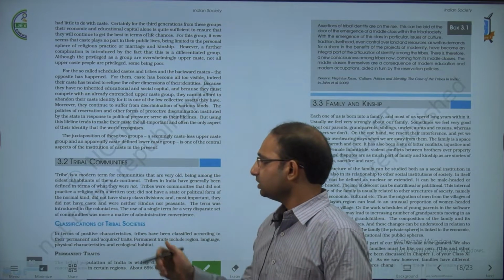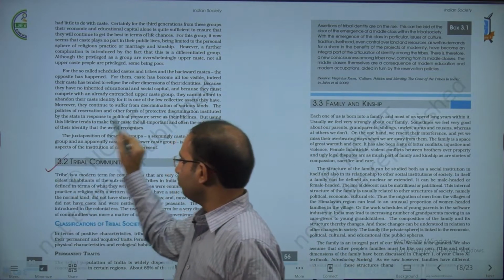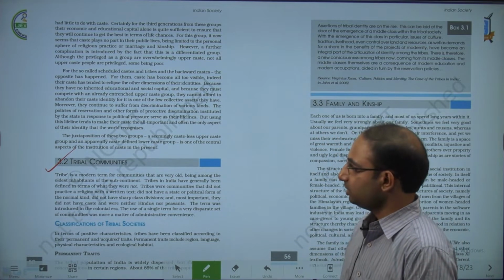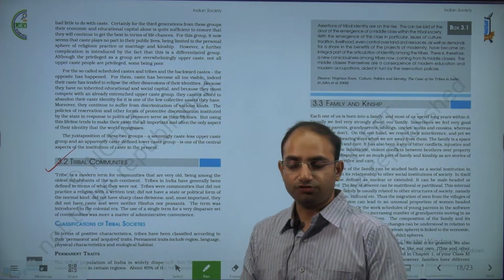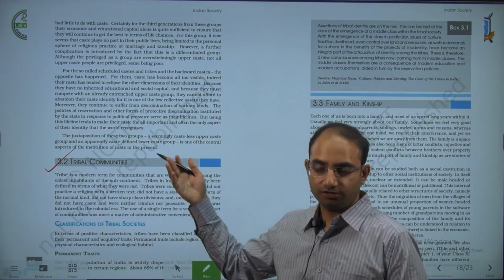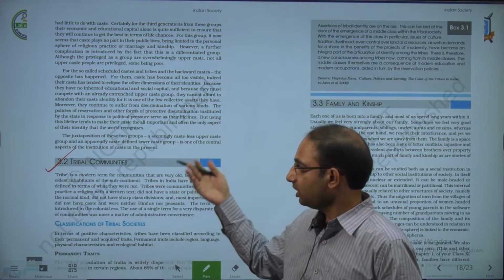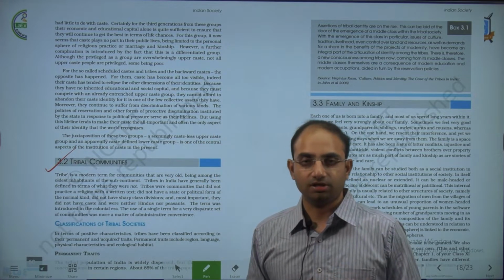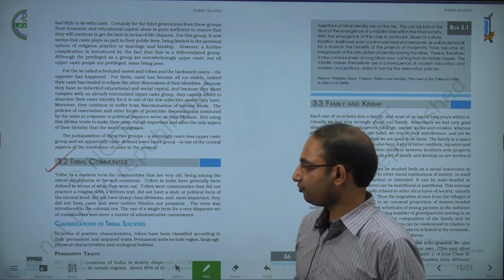After caste, the discussion then moves on to tribal communities. Tribal communities are people who live in isolation from the mainstream society. They are groups who live in hilly regions, in forests, in deep forests, and these are people who are the weakest sections of Indian society because of their relative isolation from mainstream.